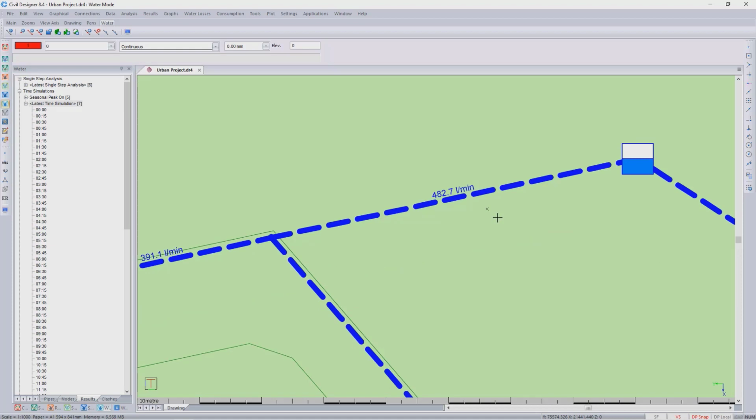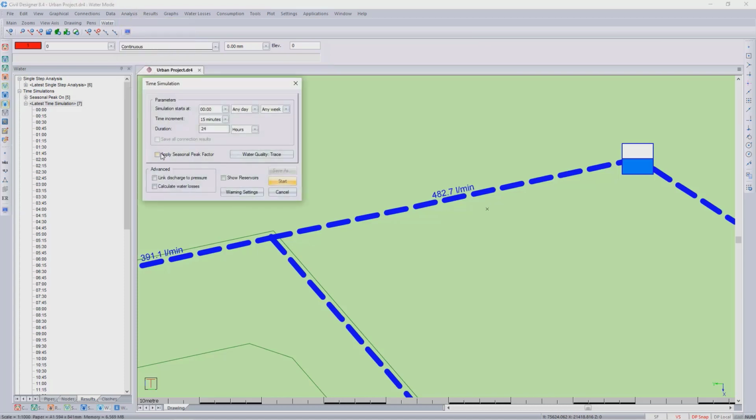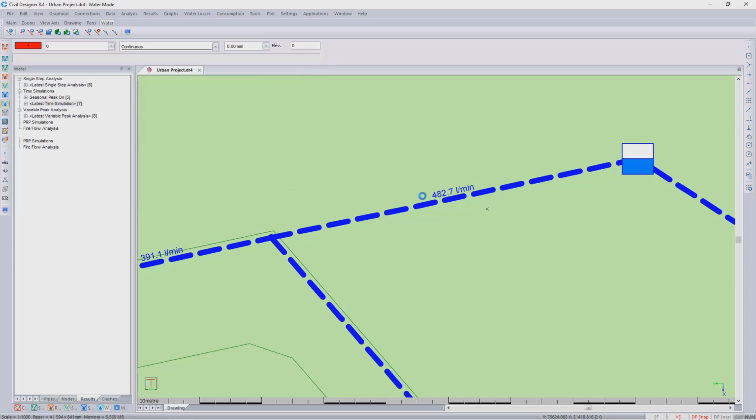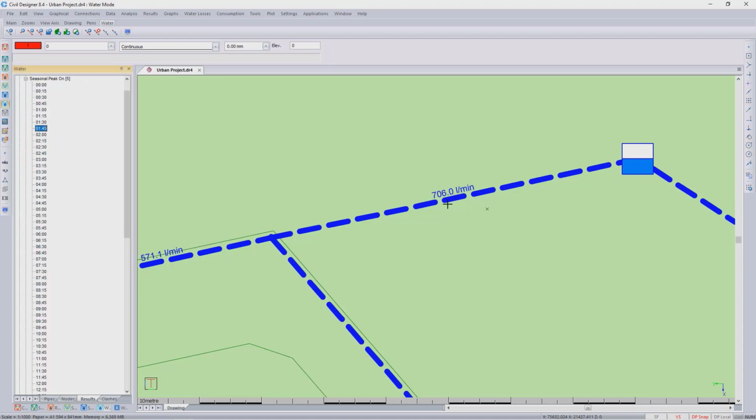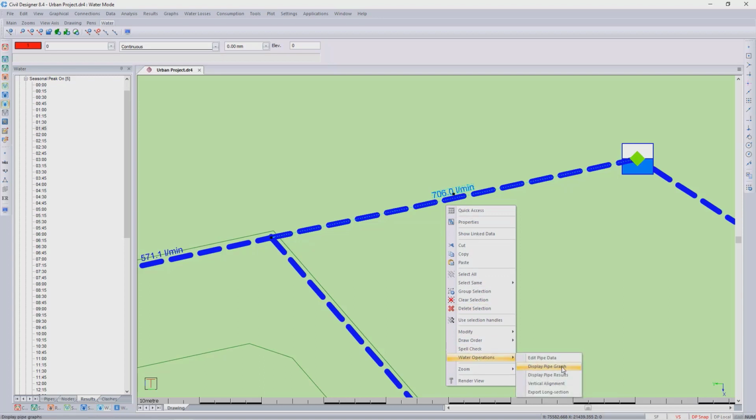One other item to point out is when you are running your analysis and you happen to have the apply seasonal peak factor ticked on, which we won't do at this stage, it's another whole WebEx for another day. Just keep in mind that you need to think about the peak flow rate for that if it is ticked on. So if we have a look at the seasonal peak, we'll just change over to this seasonal peak and give it a time and go look at the graph.